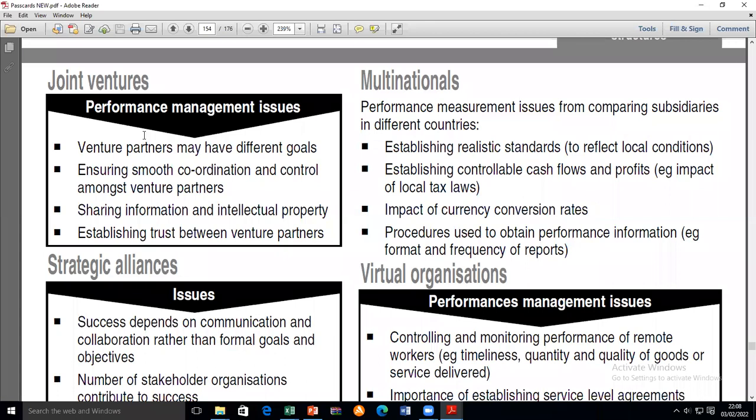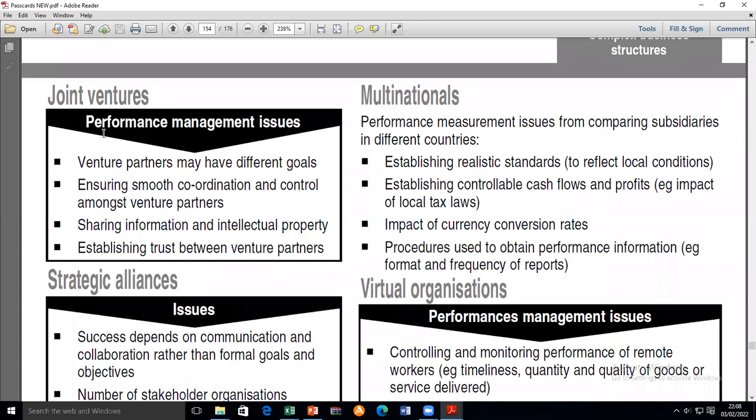So a joint venture is a working arrangement which can help us achieve our objectives. Sometimes even much better. And there's a reason why we may choose a joint venture.